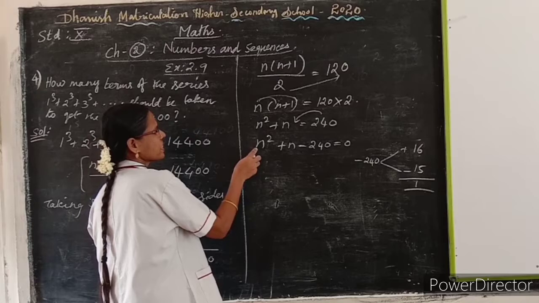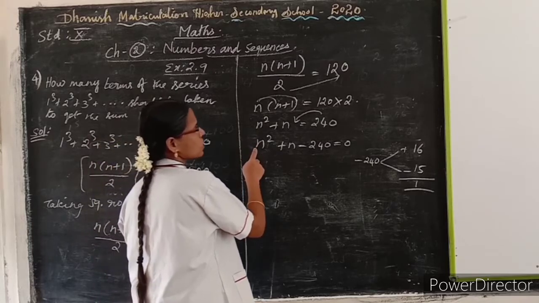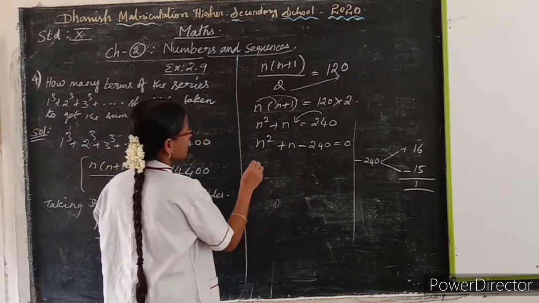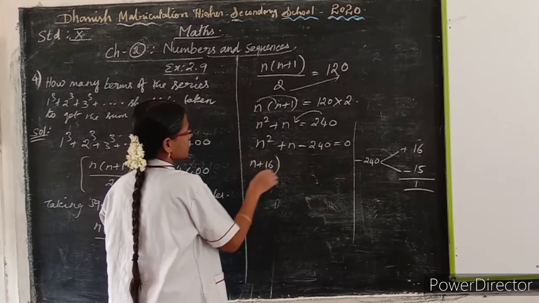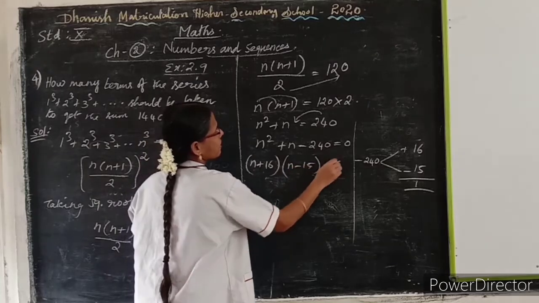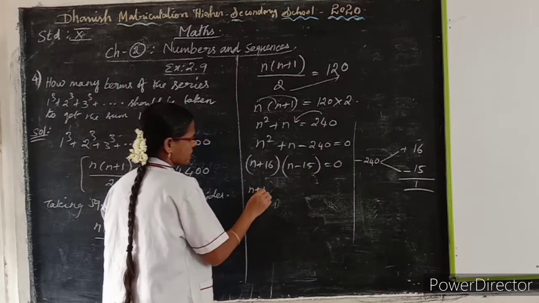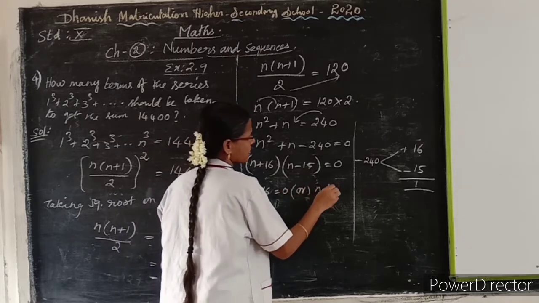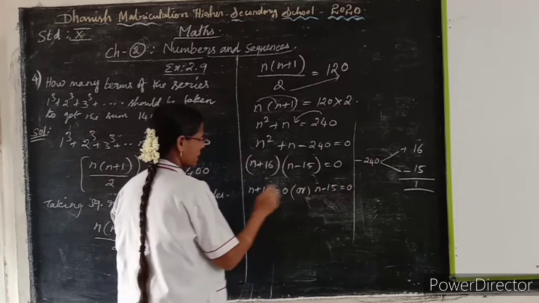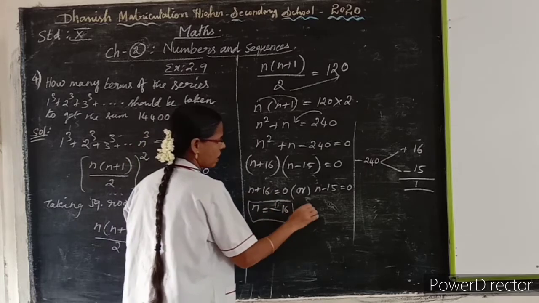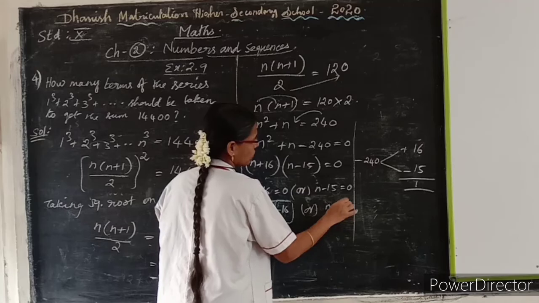The coefficient of n square is 1, so leave it. How to write the factors? n plus 16 is the first factor, n minus 15 is the second factor, equal to 0. That is, n plus 16 is equal to 0 or n minus 15 is equal to 0. That is, n is equal to minus 16 or n is equal to 15.